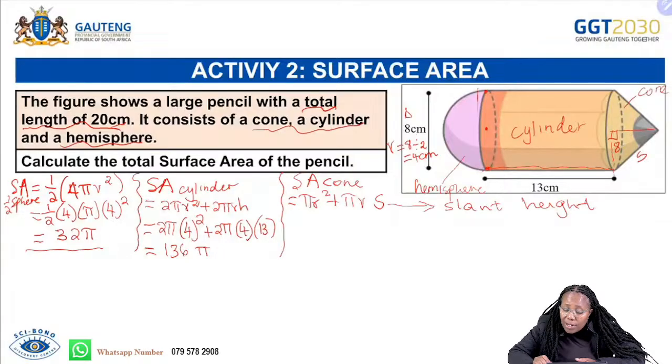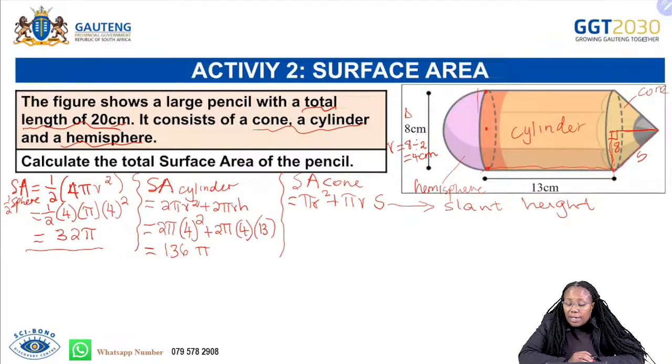And then now we need the value of this side, grade 12, in order to be able to calculate using Pythagoras, because this is forming a 90 degrees triangle. So now what is the distance from here to the peak of that pencil, to the sharp part of the pencil here? Remember, the total length of this pencil is 20 centimeters as given there.